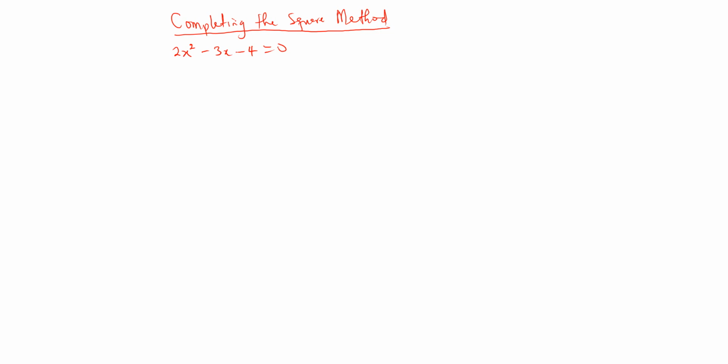The first thing is that we always like the coefficient of x squared to be 1. So it is 2 here, and luckily for us, this is an equation, so you just divide through by 2, the coefficient of x squared.